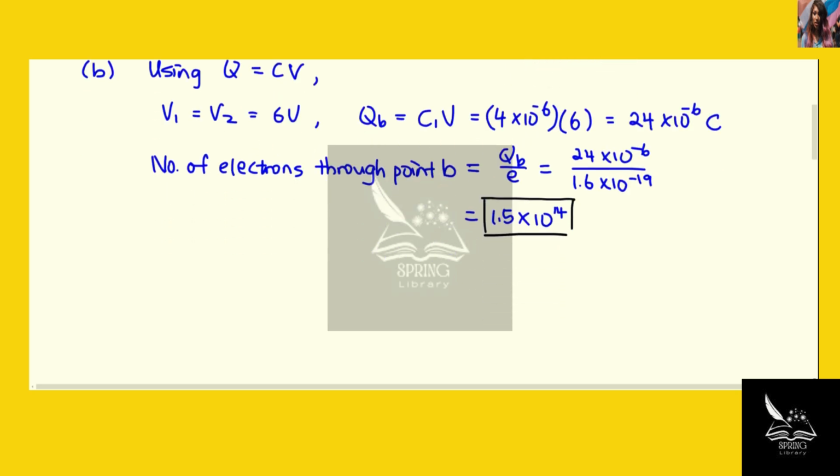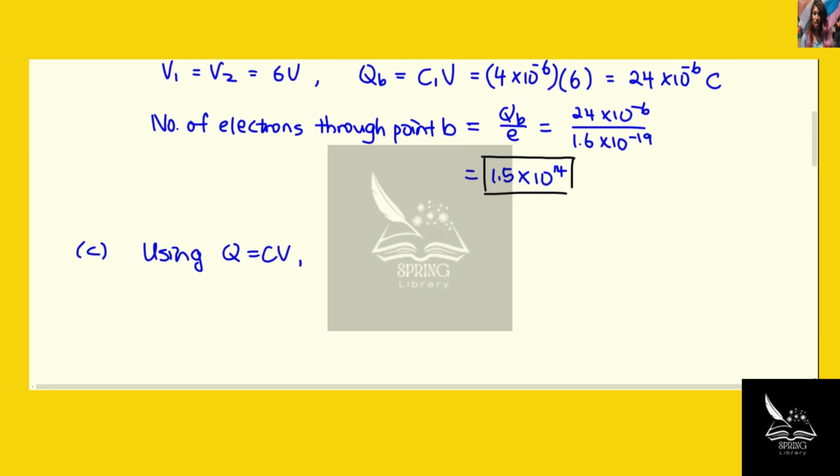Then point C. The formula is still the same. Q equals CV. QC, the charge that flows through point C, will be C2 times V2.